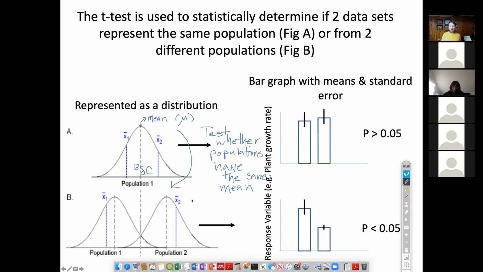So the trick here is to compare the difference of the means to the uncertainty of the mean.